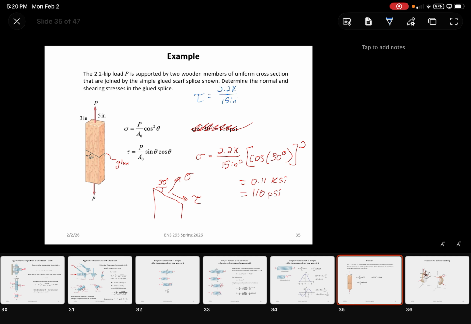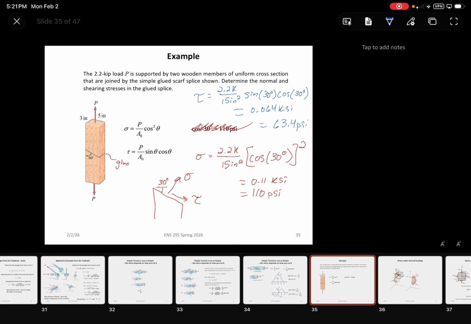That shear stress is just going to end up being about 0.064 KSI, which is 63.4 PSI. And that's it. So you would just need to basically design the glue to handle both the normal stress of 110 PSI along with the shear stress of 63.4 PSI. And you would compare that to whatever the product capabilities are, and just pick whatever satisfies both conditions.